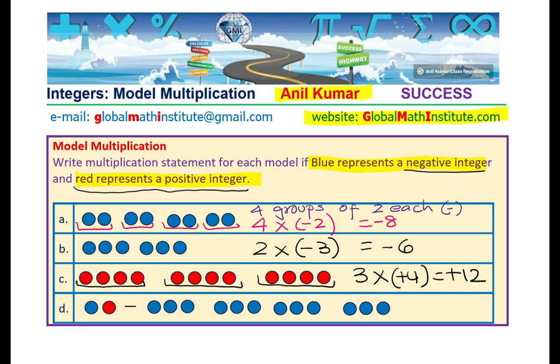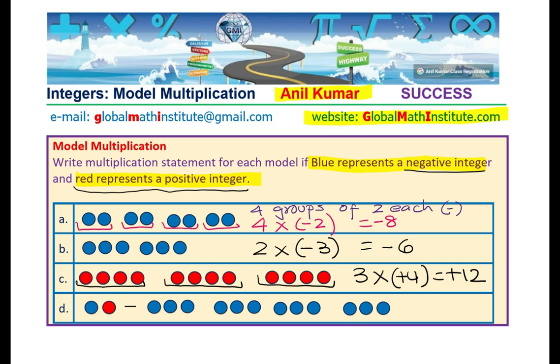The last one here is slightly tricky. So what we have is blue and red, minus, and then something which is known to you. So it is 1, 2, 3, 4 groups of 3 each. How do we write a statement for this? Well, plus and minus, when you put them together, using the zero principle, that is 0 for me, right?